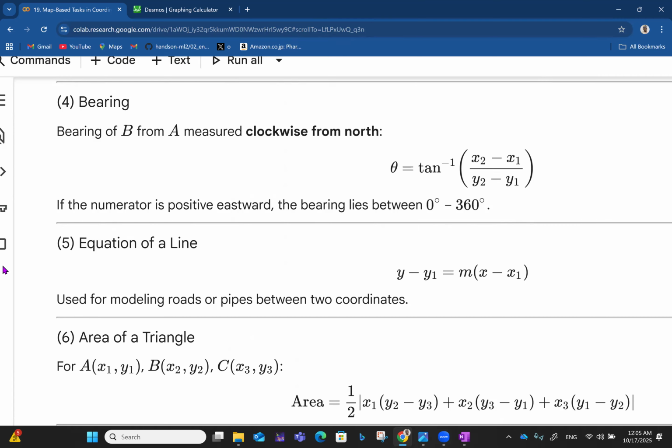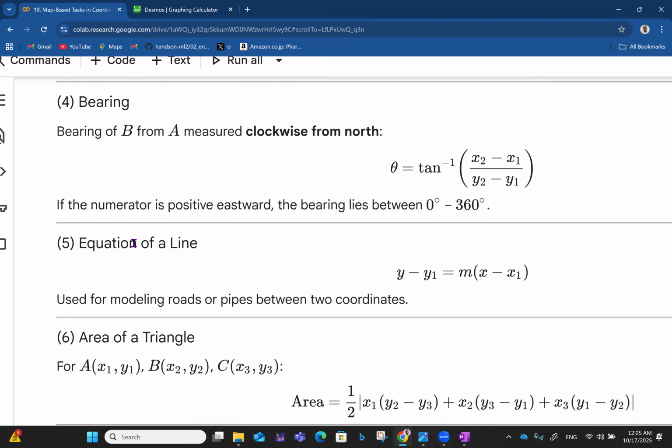So the bearing of B from A, measured clockwise from north, can be taken to be theta equals arctan of (x2 minus x1) over (y2 minus y1), so we can get the angle. If the numerator is positive, eastward, the bearing lies between 0 degrees and 360 degrees. That means you're starting from the north, approaching the east.